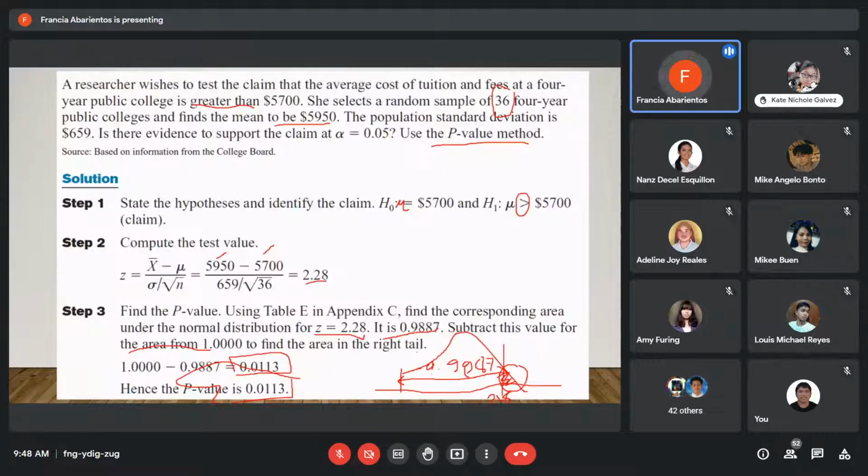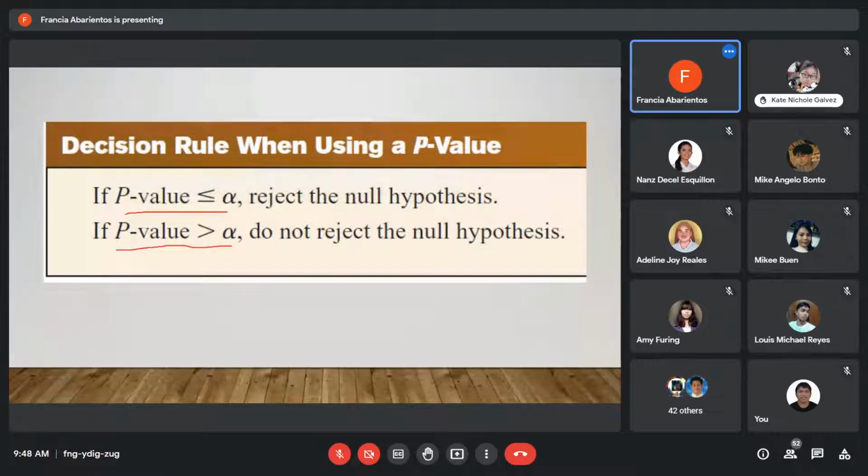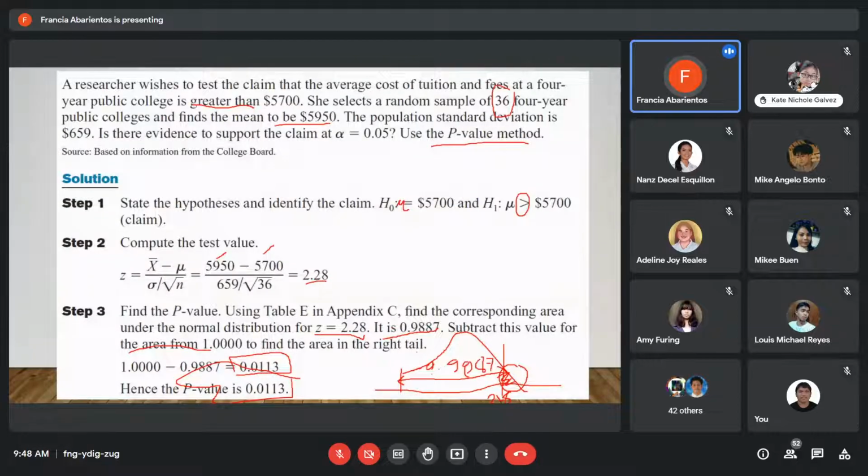So here in the problem, balikan natin. Ano yung p-value natin? Ano yung alpha natin? 0.05. Yung p-value natin, mas malaki ba sa 0.05? No.